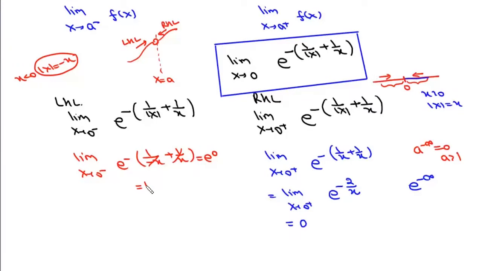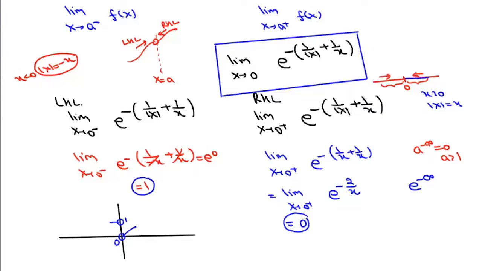Now in this example, if we look at this limit, then we find that if we approach this limit from the left, we get value 1, and if we approach it from the right, we get the value 0. So we are getting two different values when we approach it from two different directions. So in this case, if we approach this function from the left, we reach 1, and if we approach it from the right, then we reach 0.